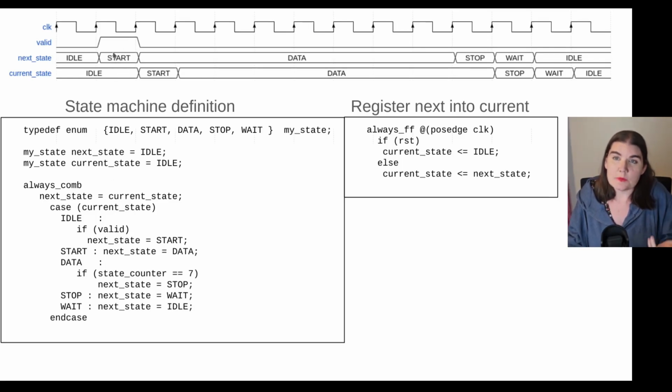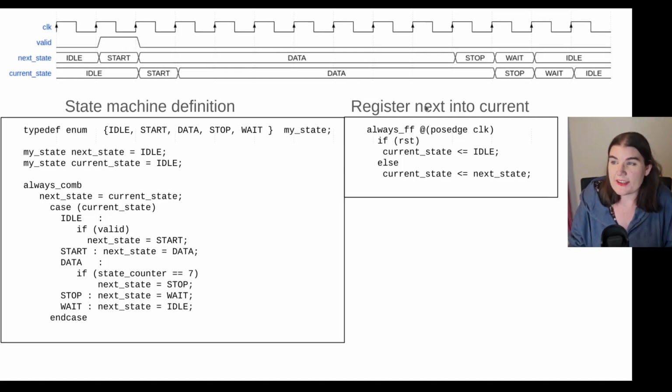Immediately next state will go high. This is very useful if you want an immediate response to an input. I do not have to wait until the next clock cycle before I start responding to my input. And that's really useful. When the valid goes high, I immediately know that I'm transitioning into the next state.